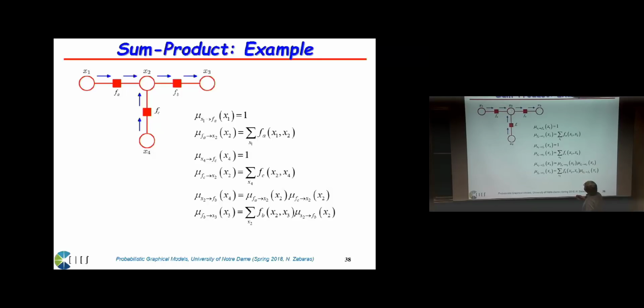Obviously, to send from this node to this factor, you need to know what is coming from below. So you're going to have to send a message from x4 to this factor, compute this message, then multiply these messages. Then integrate this thing out through this factor, and then you get the message to x3, and then start going backwards. All right? So let's look at the calculations one at a time. Equation 1 says the message from x1 to fa is 1. Why is that?